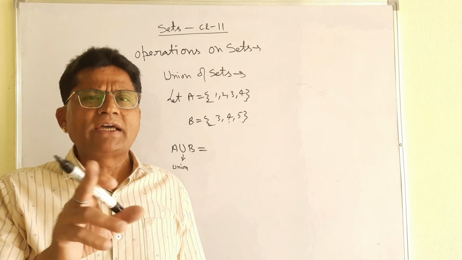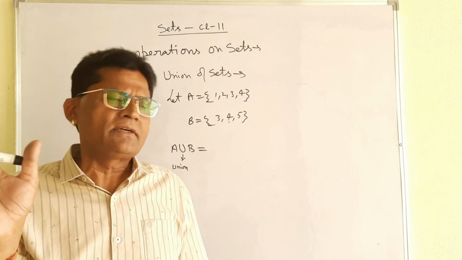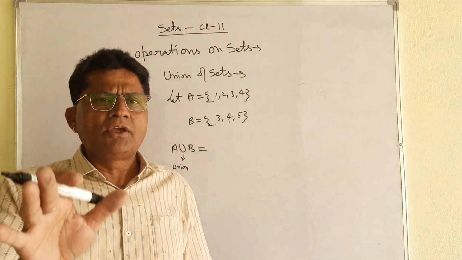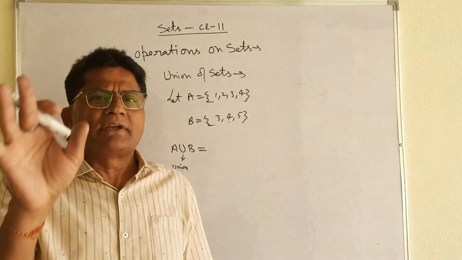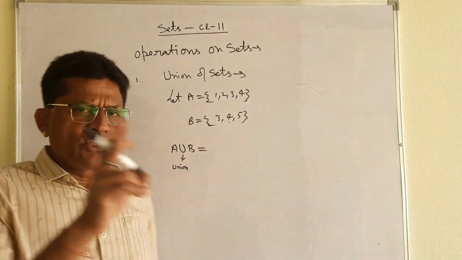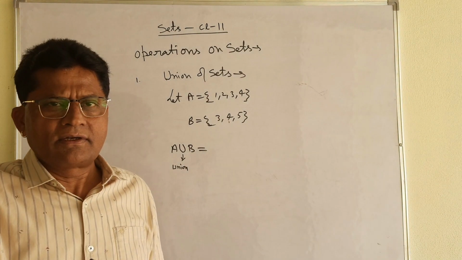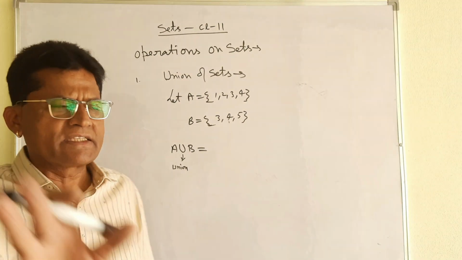If it is given twice, thrice, that will not be counted. Okay, that is why you must be careful. If in two sets 2 is given, in the union you will write 2 only once, not 2 two times. That will be wrong as per the definition of sets.